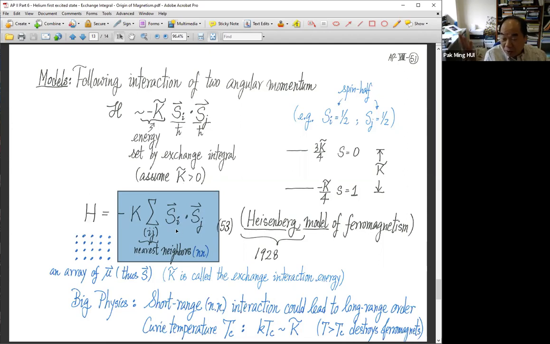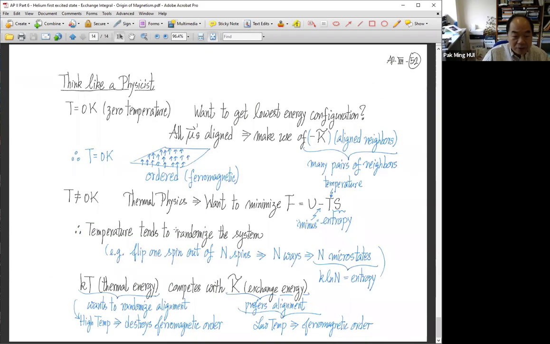That is what zero temperature means: look for the lowest energy state. So at zero temperature, all the spins will be ordered despite the interaction being nearest neighbor only. Okay, so at very low temperature, ferromagnetic behavior, not surprising.